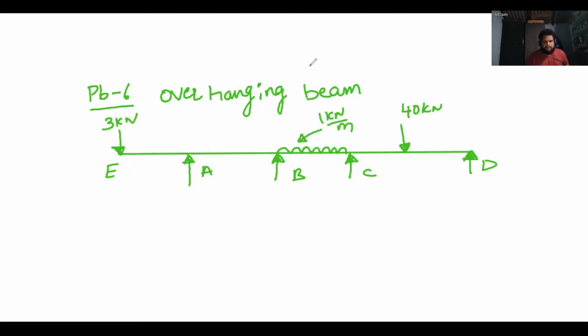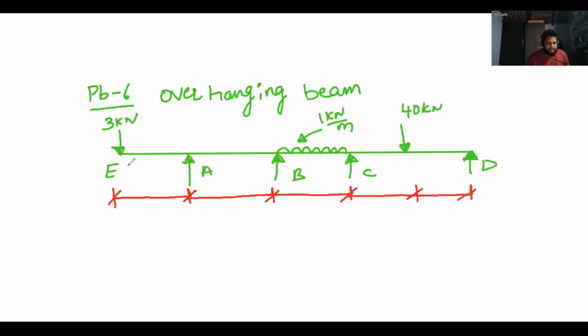All right. Now the distances, the span lengths, are given like this. This length is 0.915 meters, this is 3 meters, this is 4.5 meters, and this is 1.78 meters.